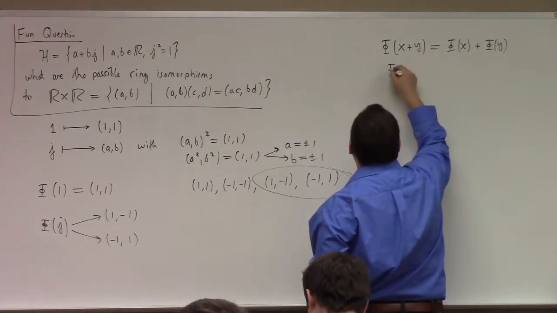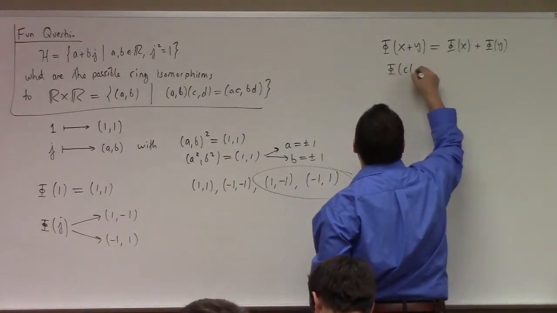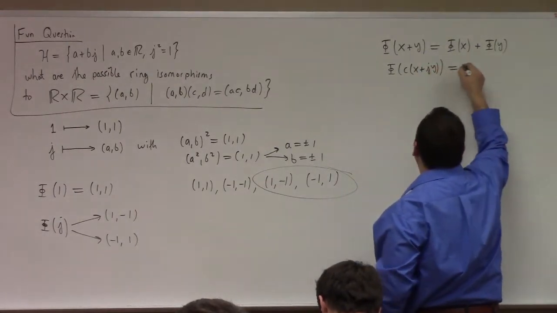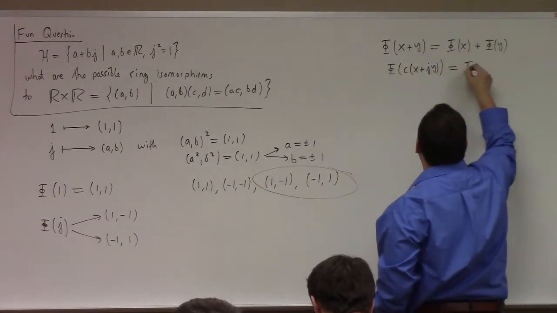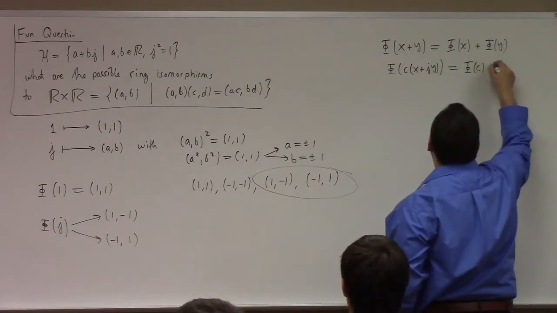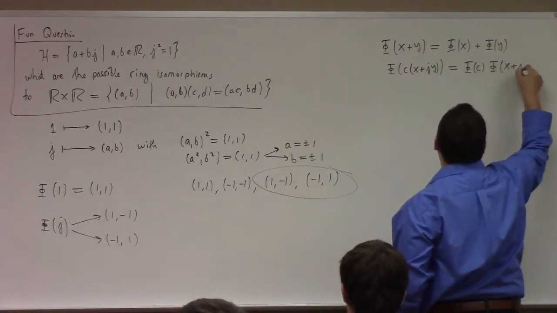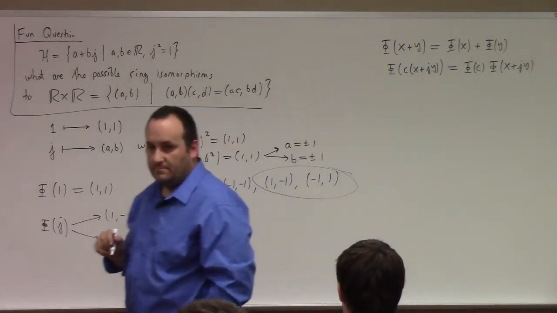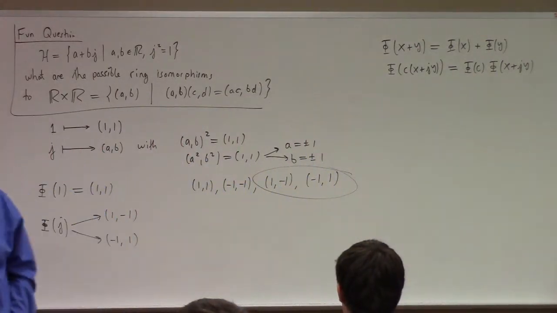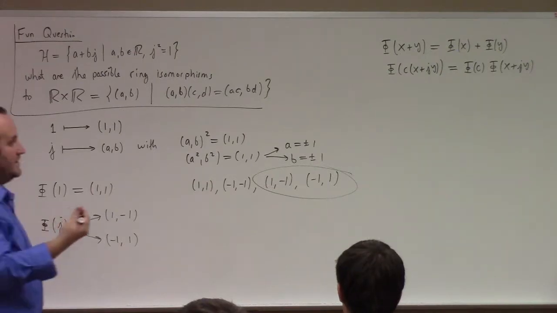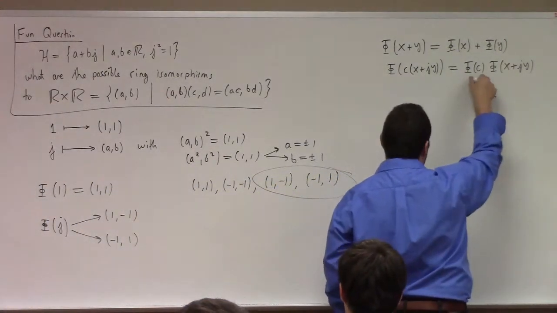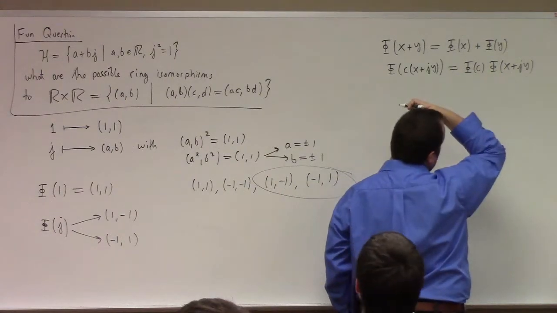Let's see here. So phi of C times x plus jy should be what? It's a ring, yeah, phi of C times phi of x plus jy. But C is a real number. I'm talking about a real vector space structure here. And so that can be written as what?